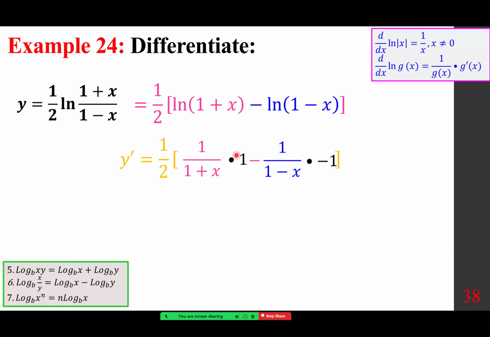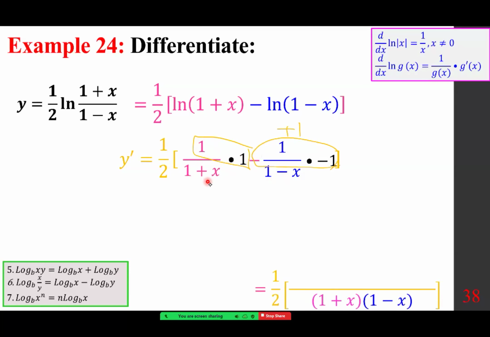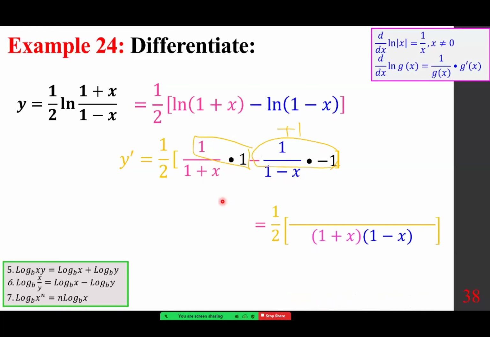So this is 1 times 1 minus x plus 1 times 1 plus x. Again, pretty straightforward.